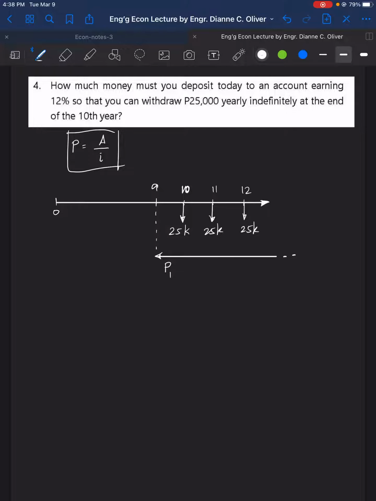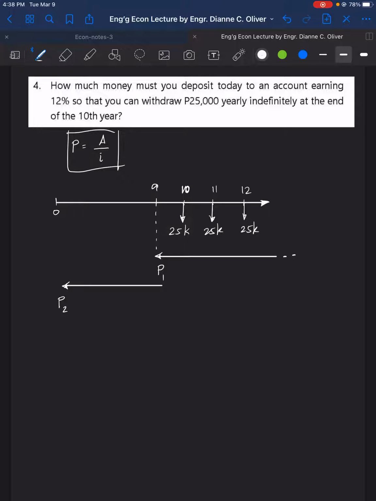And then from this present, we will be finding another one, the present at the period until the origin, the beginning. So this is present 2, which is being asked in the problem: the amount of money you are to deposit today. Okay, so we have first the present 1.